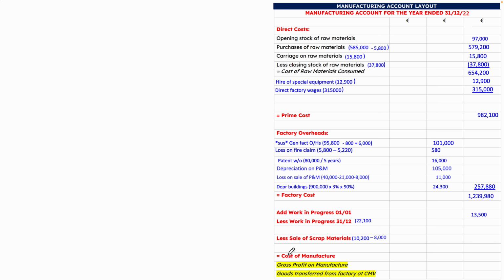That gives me a total factory cost. So we are adding these now because these are costs. So we're just totting up all the costs. So 1,239,980. Add work in progress opening, 13,5. Take away work in progress closing, 22,100. Less sales scrap then 2,200 gives me a cost of manufacture 1,229,180.